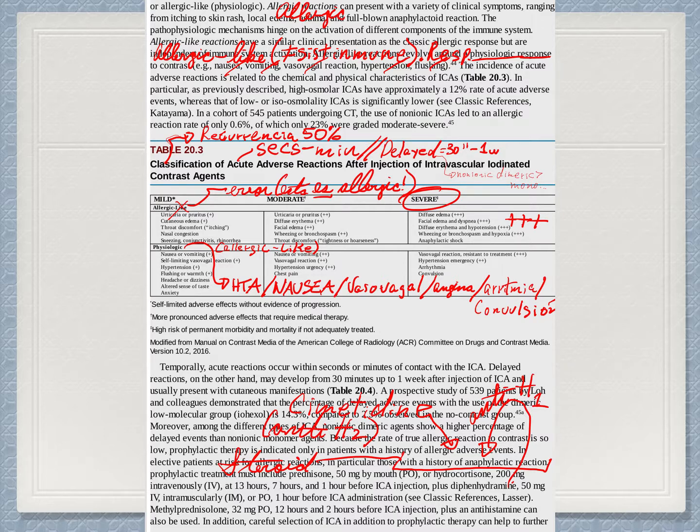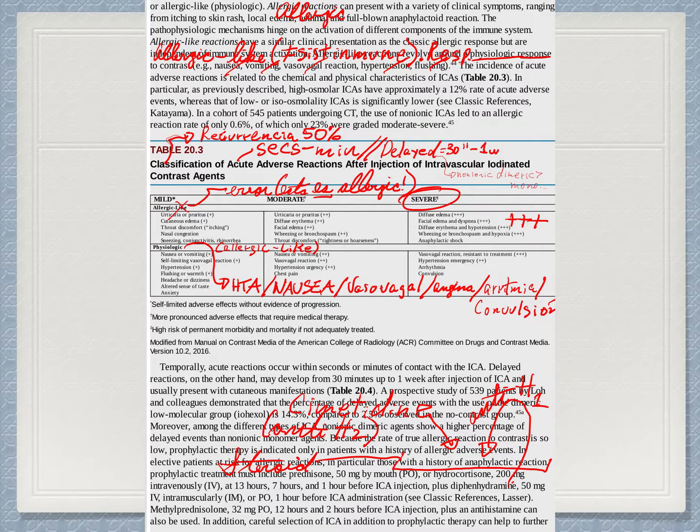You would think of itching, skin rash, local edema, to full-blown anaphylactoid reactions, and you grade this from mild to moderate to severe. Of course, if the patient is hypoxic or in anaphylactic shock or in extreme edema, this is a severe reaction.